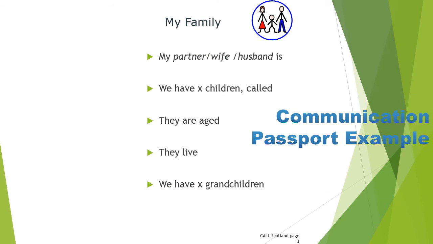This page talks about their family: my partner, my wife, my husband, and what their name is. We have so many children, their names, their ages, where they live, and if you've got grandchildren, how many, what the names are, and the ages.